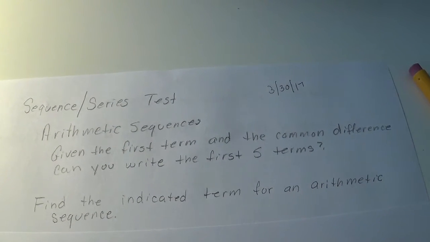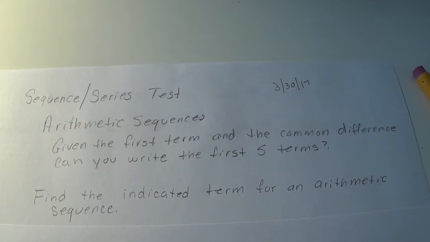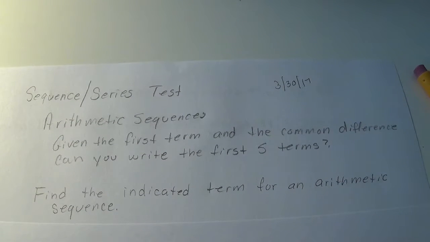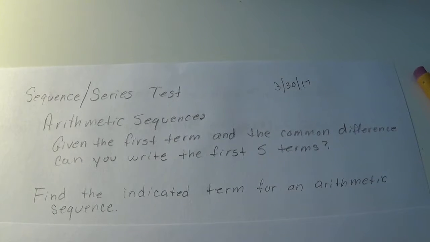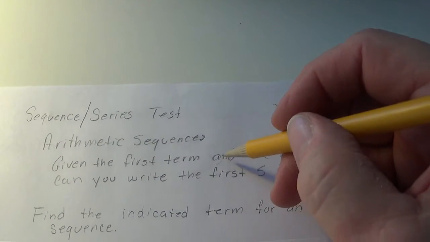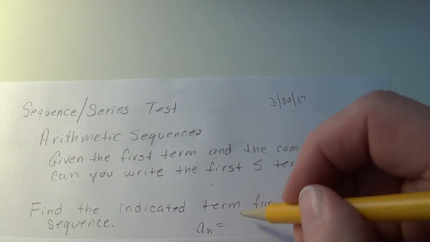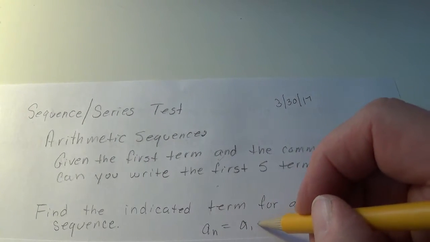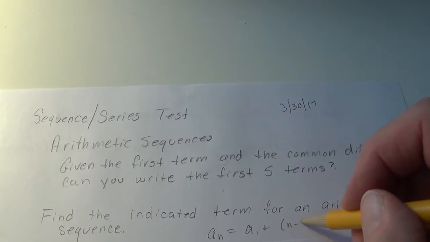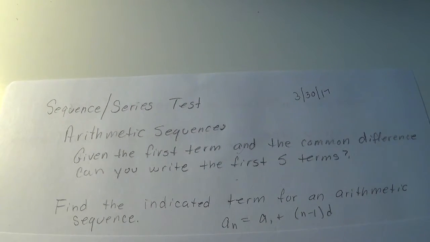Find the indicated term for an arithmetic sequence. I'll give you some information and ask you, what's the 21st term in this arithmetic sequence? So you will have to pull out one of your formulas. It's going to be a sub n equals a sub 1 plus n minus 1 times d, where d is the common difference.